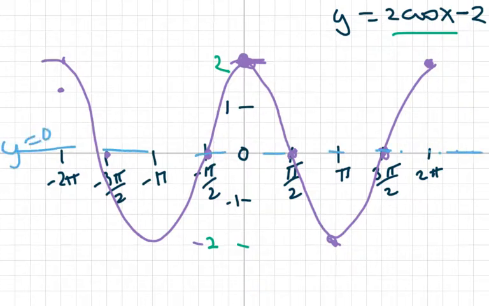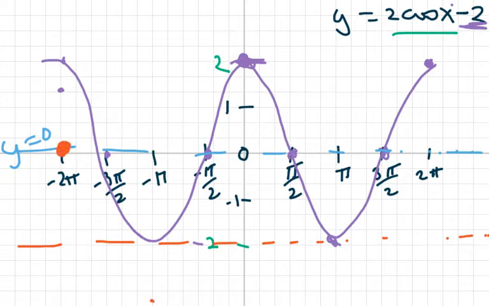Y equals 0. My new center line is going to be at negative 2. So I'm going to go down to negative 2, and this is my new center line. And I probably didn't leave enough room. So all these points are going to go down by 2. So this starts here.